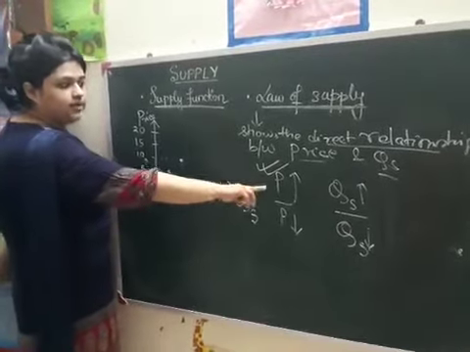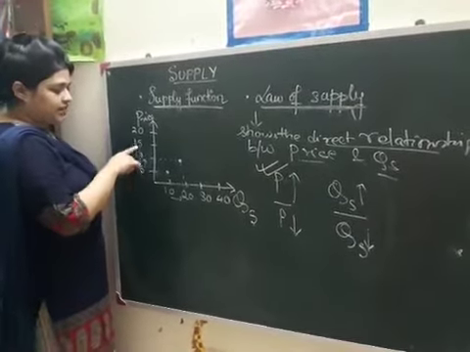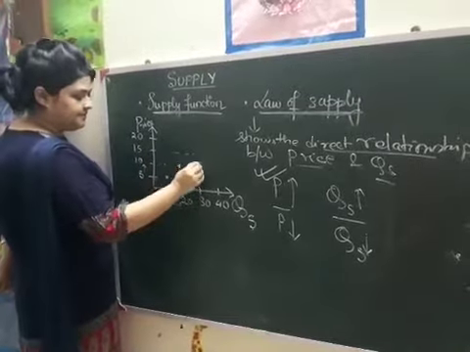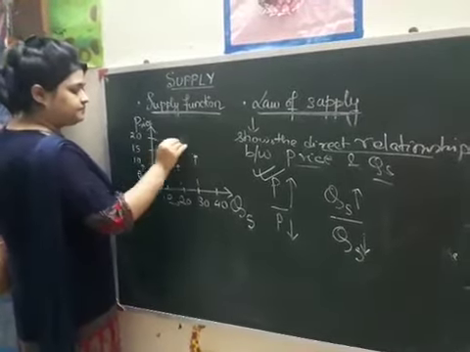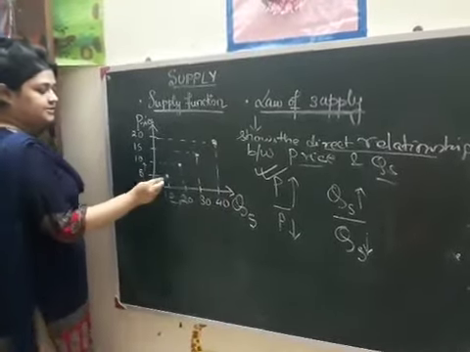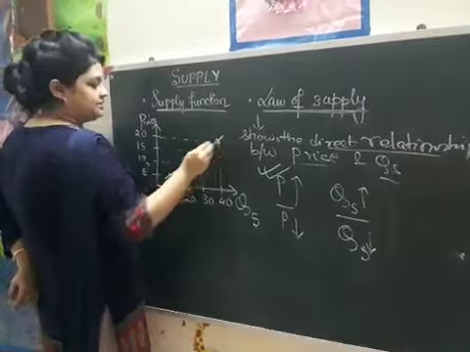From the law we know when P increases, quantity supplied increases. So when the price goes up, the supply quantity goes up. So we have achieved 4 points, and if we join the points, we get the supply curve.